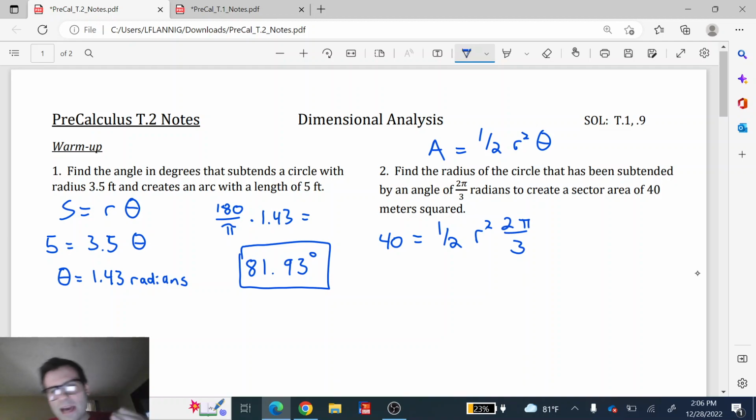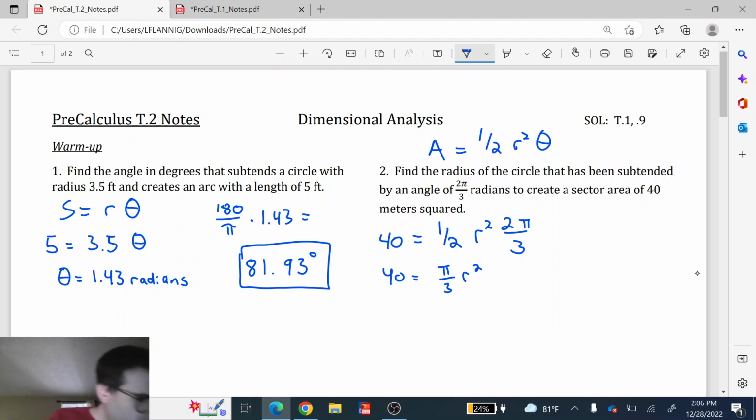So you have 1/2 times r squared times 2 pi over 3. Now I can just do 1/2 times 2 pi over 3, which is just pi over 3. This gives us 40 equals pi over 3 times r squared.